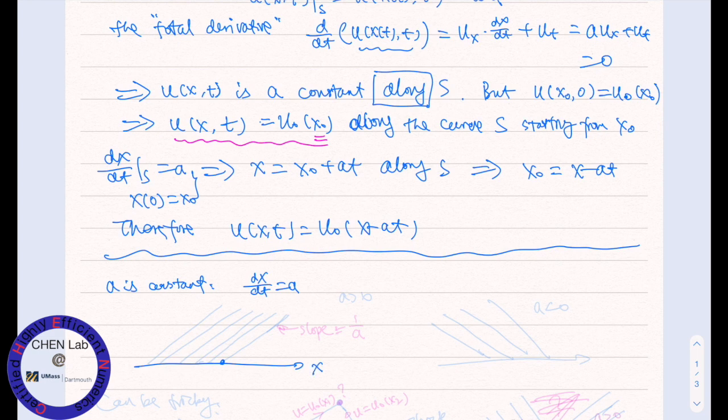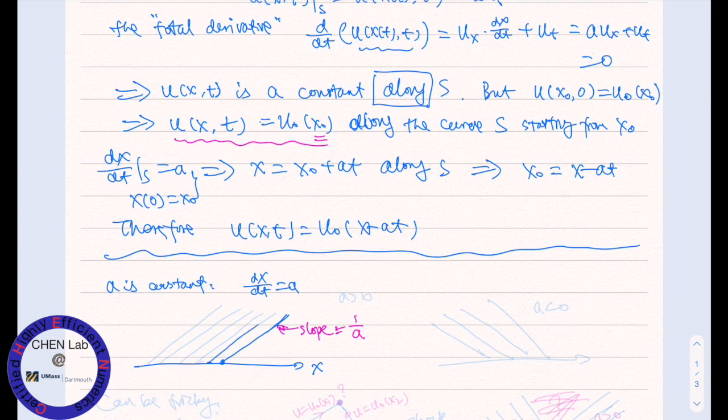The curve is just a straight line. The slope is equal to not a but 1 over a, because the slope is dt/dx, right? Not dx/dt. If dx/dt is a, dt/dx is 1 over a.